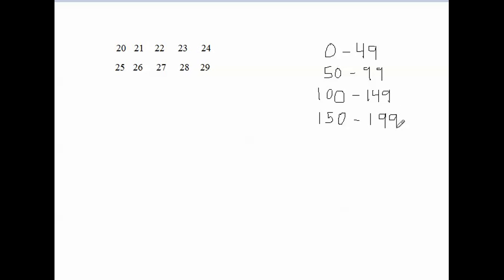In this table, we have a class width of 50, because each of these 4 class intervals covers 50 numbers, because there are 50 numbers between 0 and 49. There are 50 numbers between 50 and 99, and also 50 numbers in here and 50 numbers in here. So we would say the class width is 50.